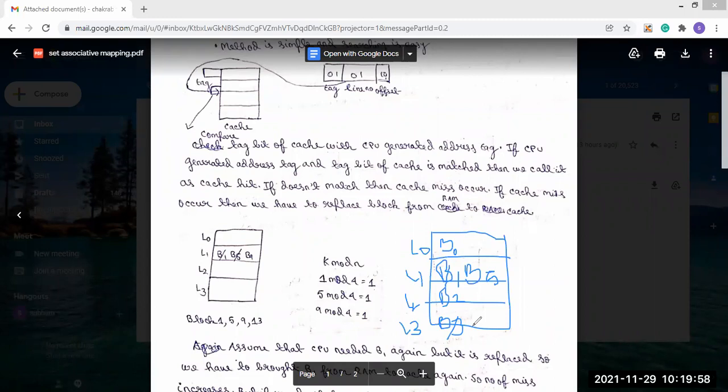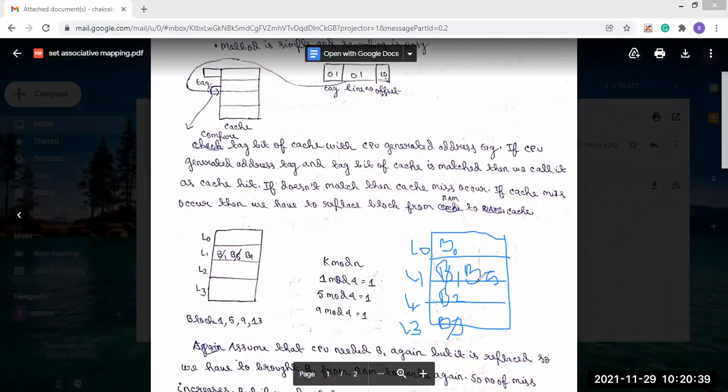But in direct mapping this cannot be done, because the formula specifies that block number 1 should be present in line number 1 only. So line number 3 stays idle, with no block present at this moment, but we cannot accommodate block 1 there.